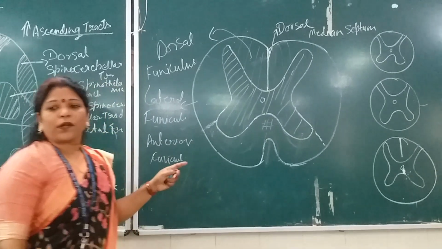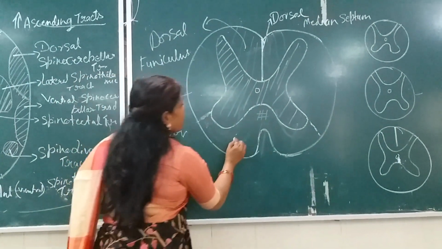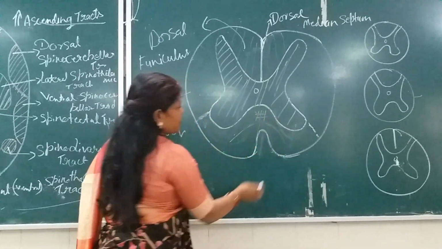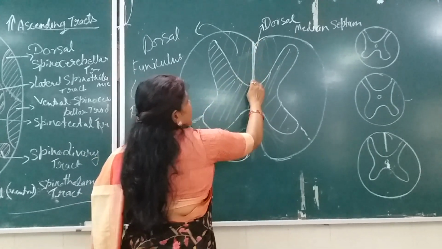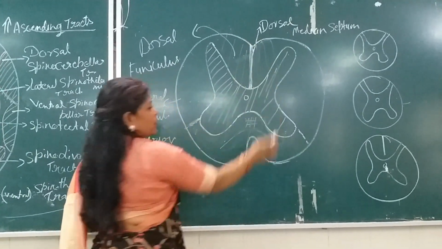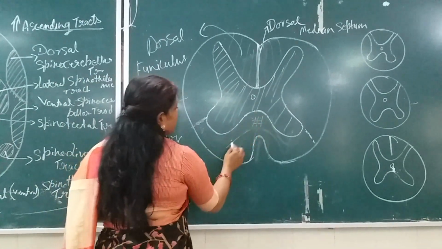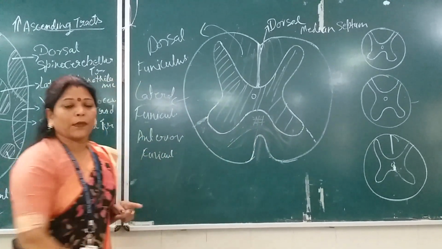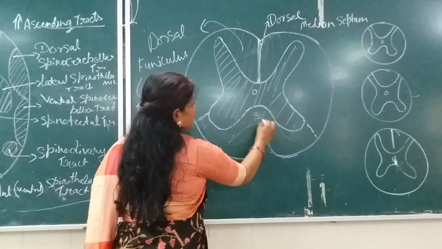The most important point in this anterior funiculus is that it is interconnected through crossing fibers. Due to the presence of the dorsal median septum, the dorsal funiculus is not interconnected, but here in the anterior funiculus there is connection between the two halves of the spinal cord. What is this?